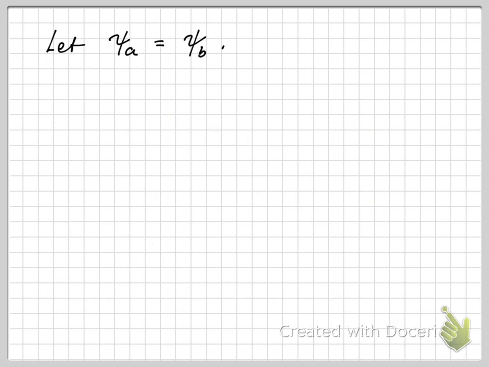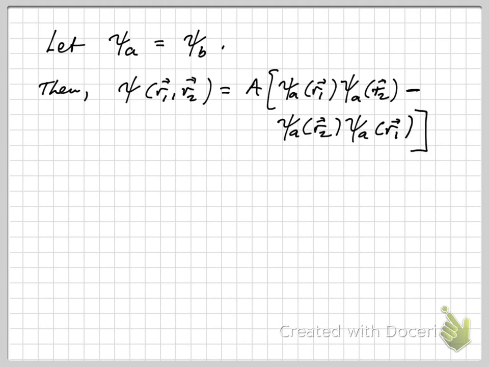Why is that? Well, let's do proof by contradiction. If two fermions really did occupy the same quantum state, psi A is equal to psi B, same quantum state, then the two-particle wave function would look like this: psi A of r1 times psi A of r2 minus psi A of r2 times psi A of r1.